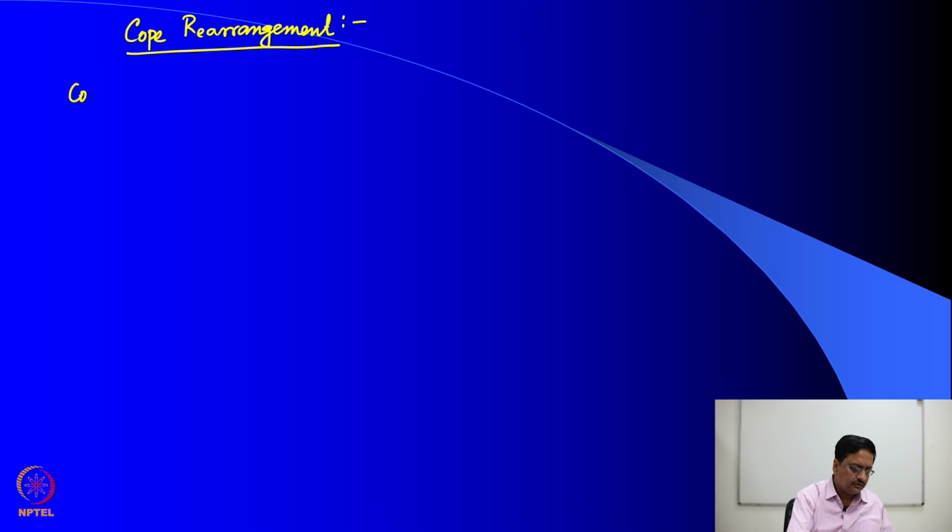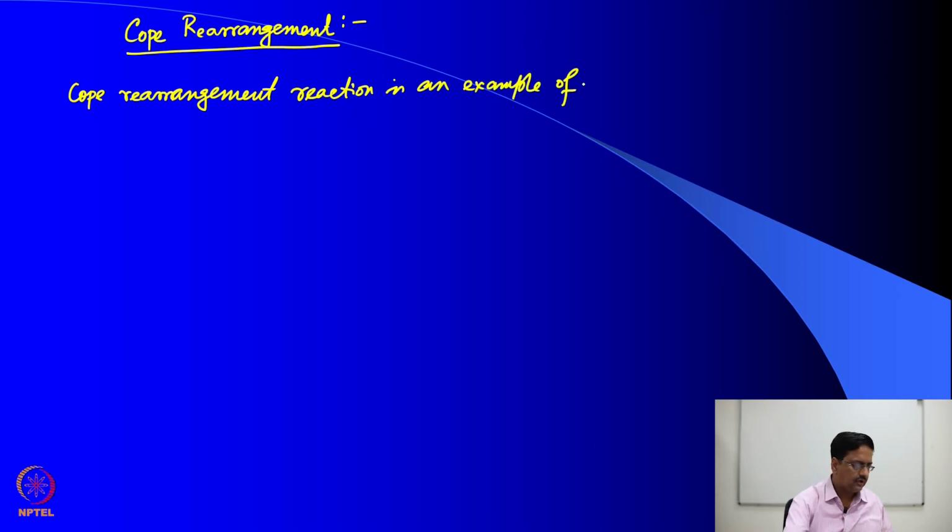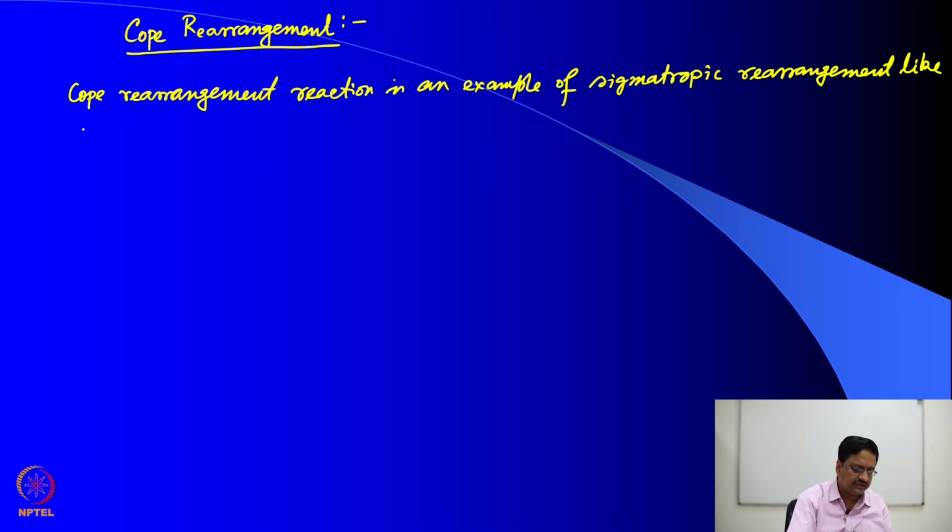So, this Cope rearrangement reaction is an example of sigmatropic rearrangement, just like in our last class, we discussed the Claisen rearrangement reaction.